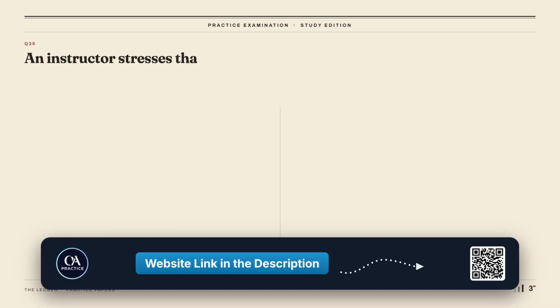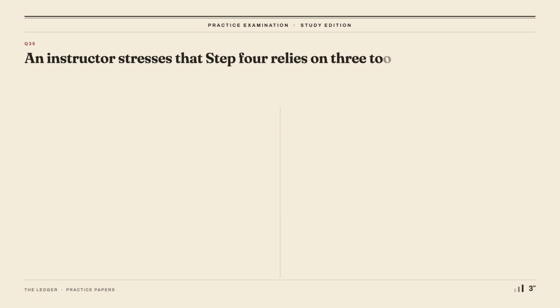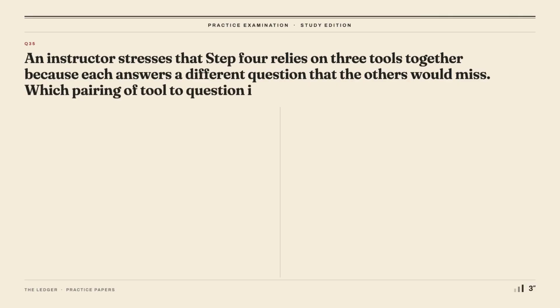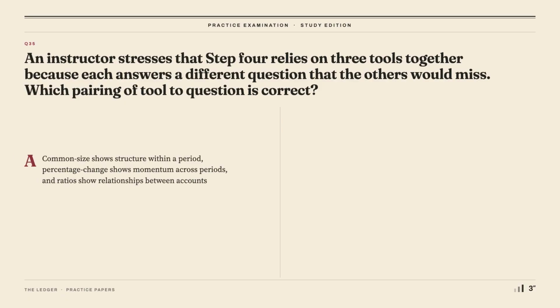Question 35. An instructor stresses that Step 4 relies on 3 tools together because each answers a different question that the others would miss. Which pairing of tool to question is correct? Your options are: A. Common size shows structure within a period, percentage change shows momentum across periods, and ratios show relationships between accounts.